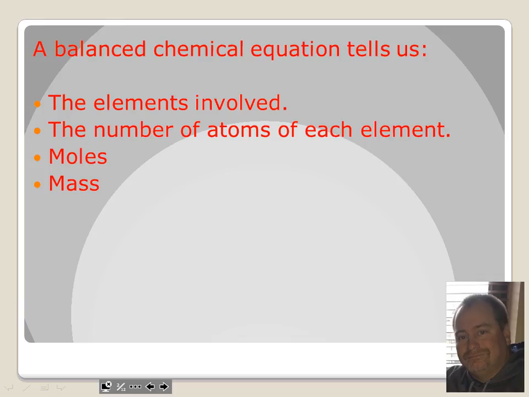A balanced chemical equation will also tell us the number of particles. Remember, Avogadro's number, 6.022 times 10 to the 23rd, gives us the number of particles, whether it's an atom, a molecule, or a formula unit.